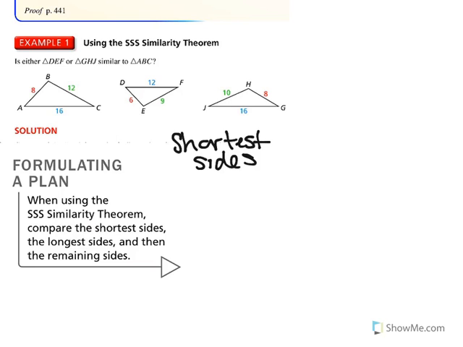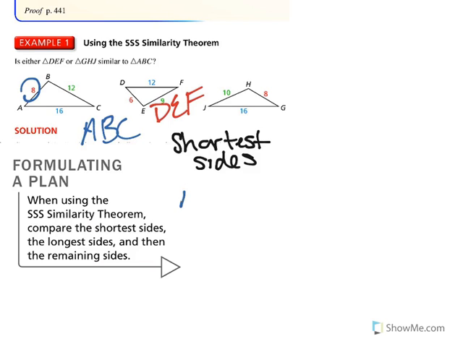And on this one, I'm just going to compare ABC to triangle DEF. And then I'll compare ABC to GHJ. So I'm going to let ABC be blue, and then I'm going to let DEF be red. If I look at ABC, my shortest side is 8.